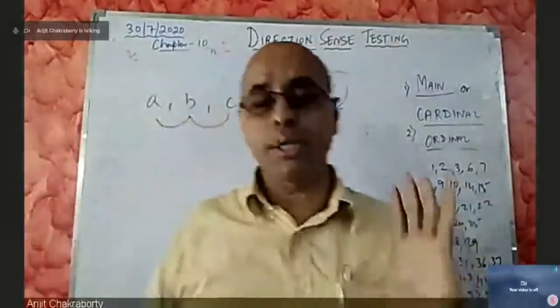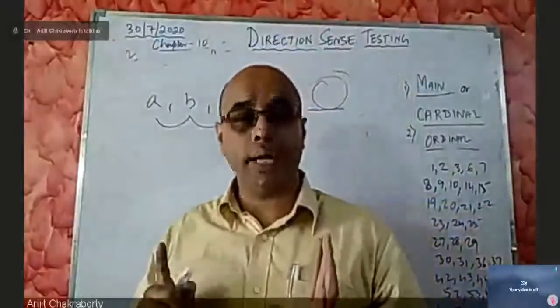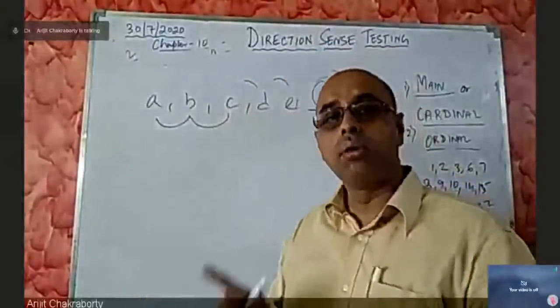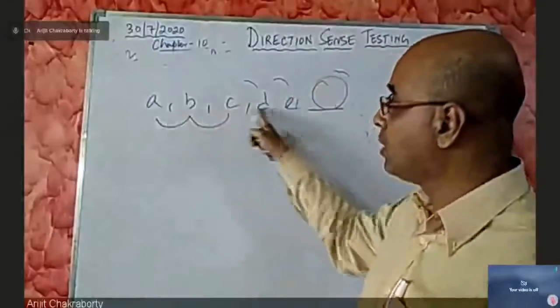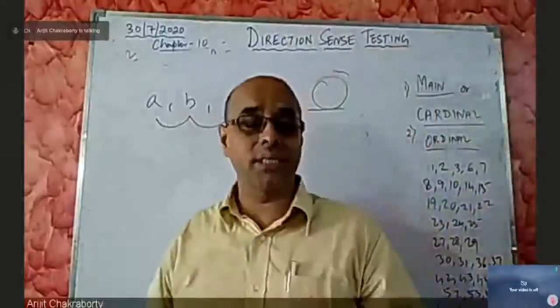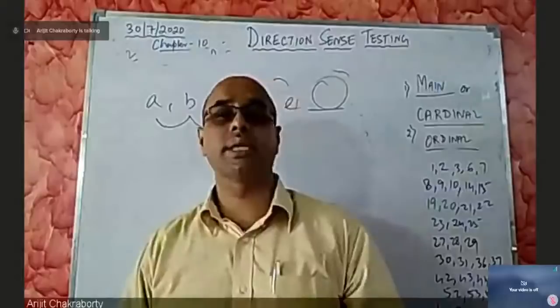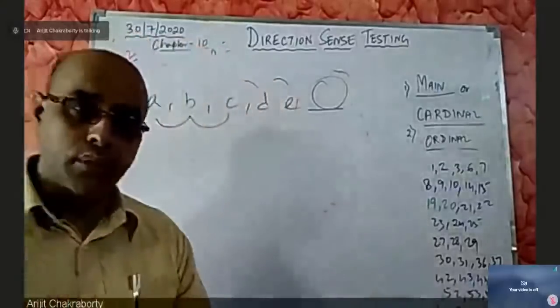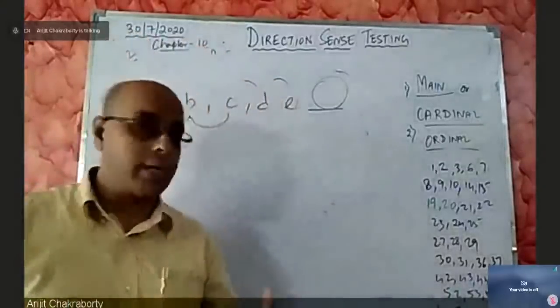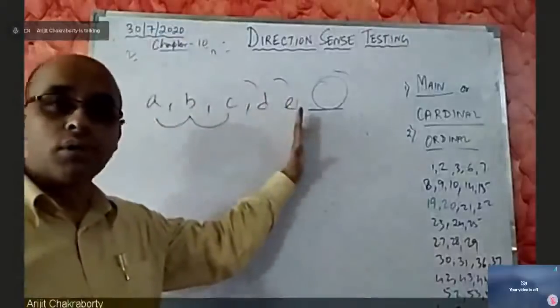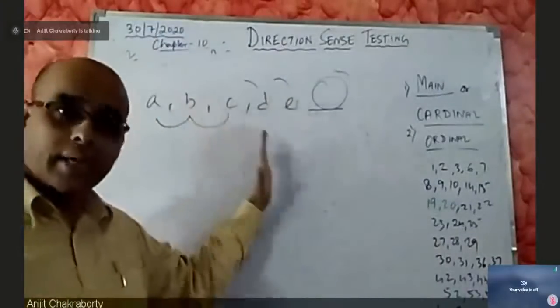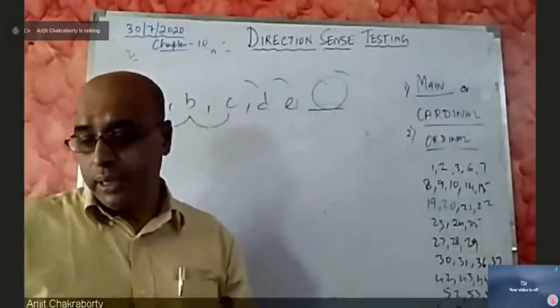So make sure that the relation you arrive at holds true for all the numbers or all the letters which are given, as we discussed yesterday about number coding, alphabet coding, alphanumeric coding. Make sure that it holds good for each of them. Only in that case you should accept it. Right.